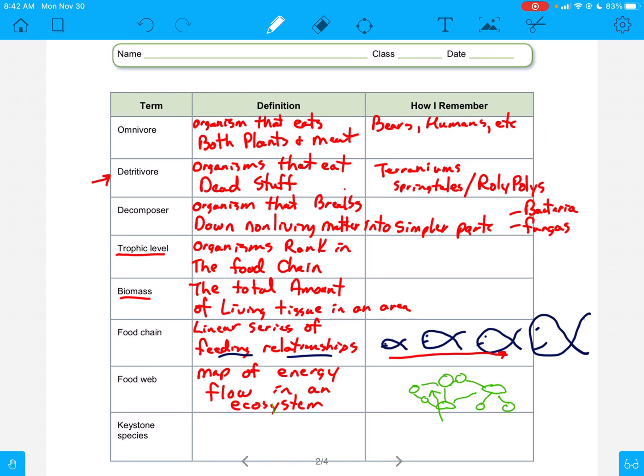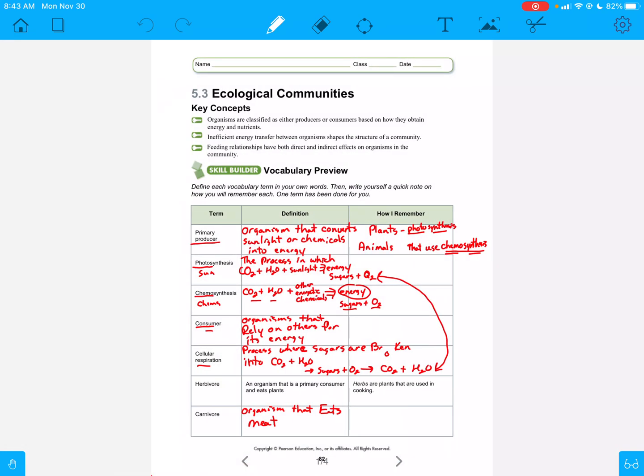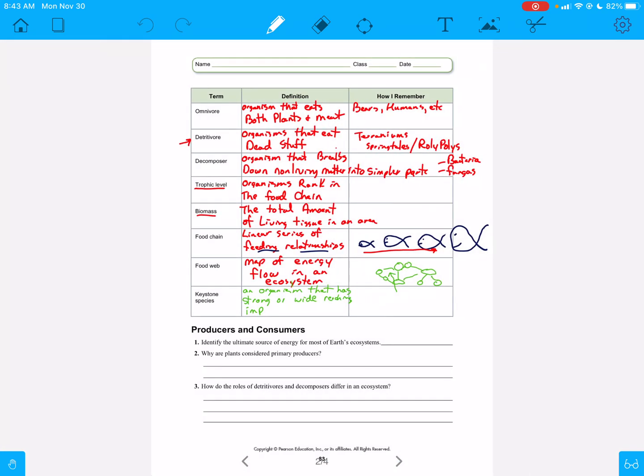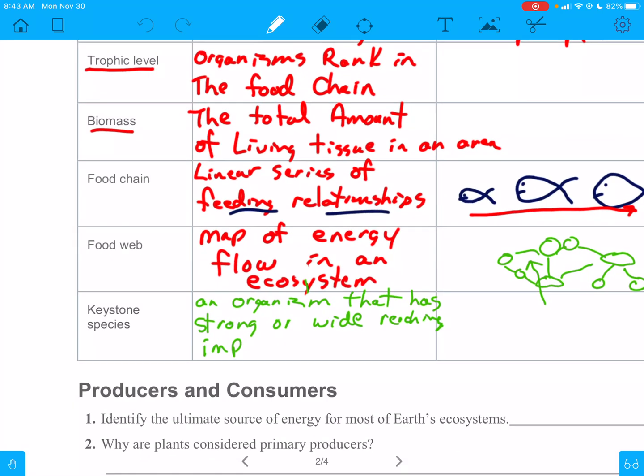This is an organism that has strong or wide reaching impact on a community.